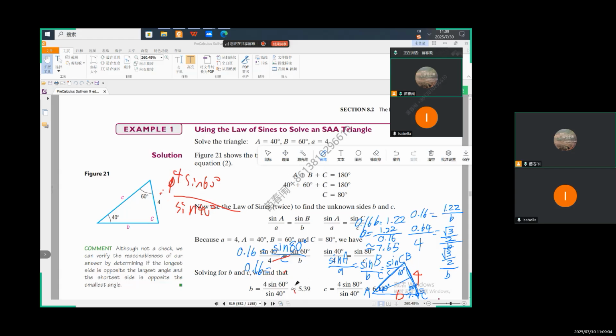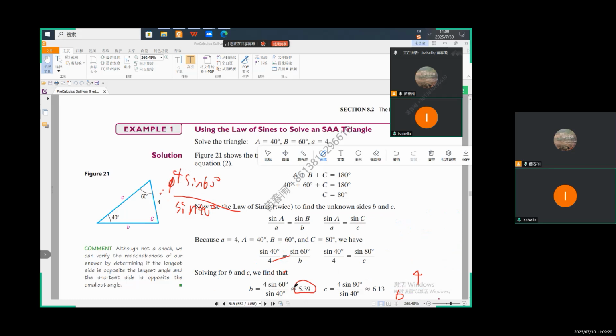So it's at around 5, right? Yeah. So we times 4, so 4 sine 60. Okay, so hang on, let me do the steps. Let me clear everything first. Okay, B sine 40 degrees over 4 equals sine 60 degrees.